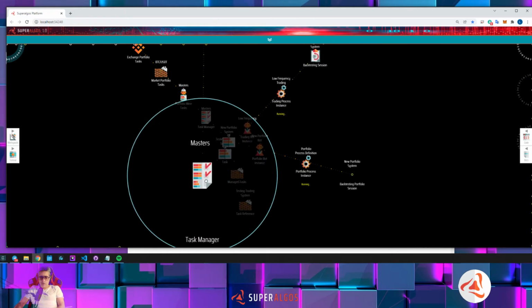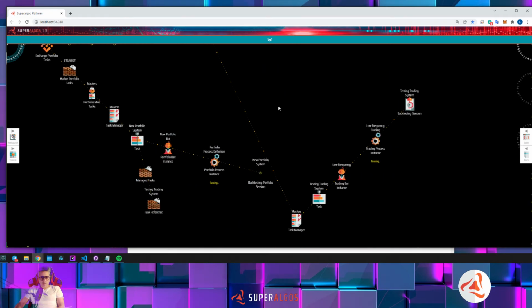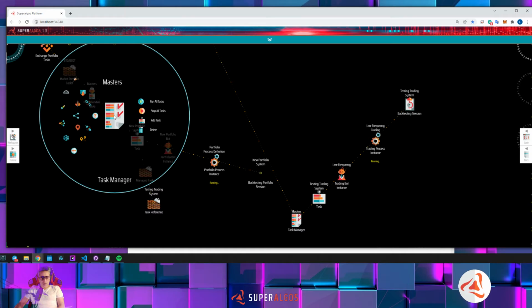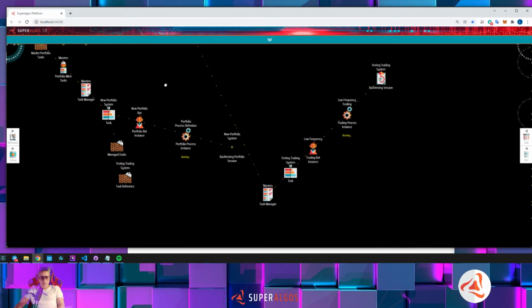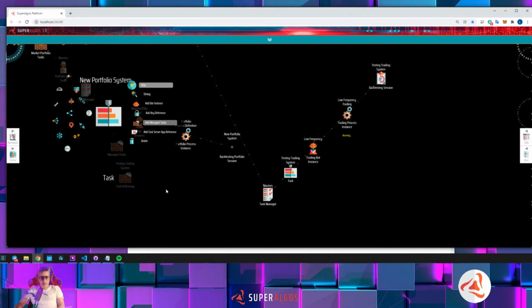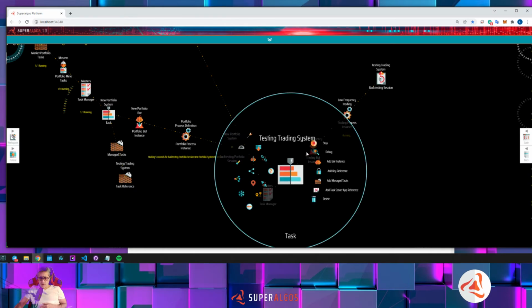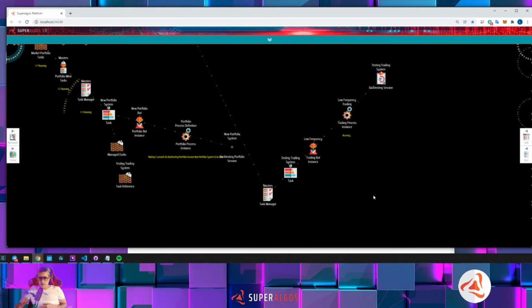So probably here would be good. So we're running the portfolio manager now at Node.js, okay? And we are running the trading bot. Well, first we're going to stop.